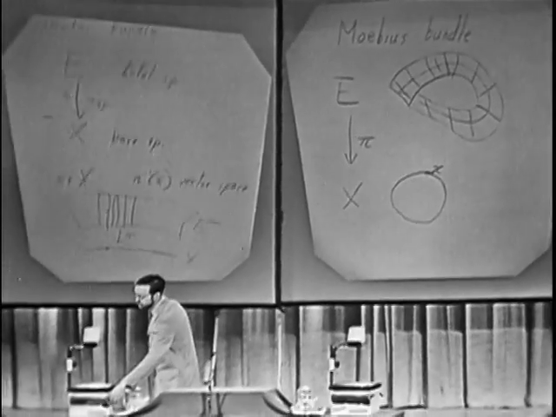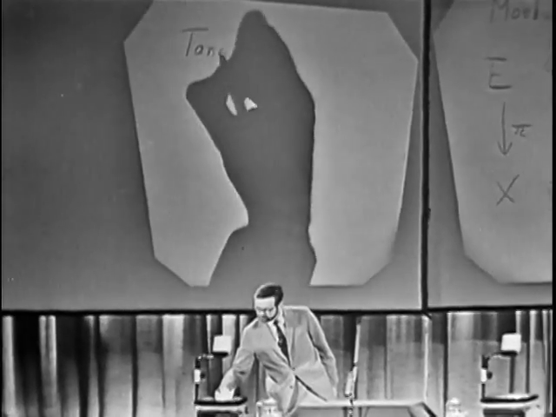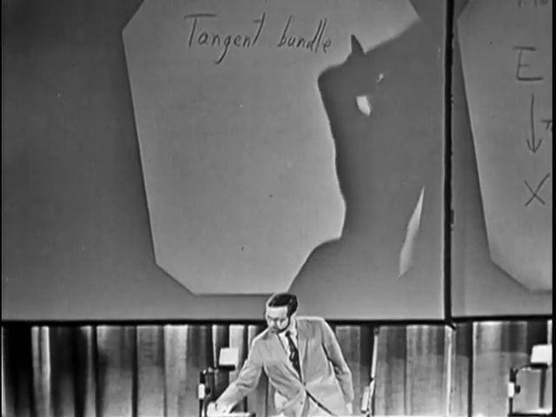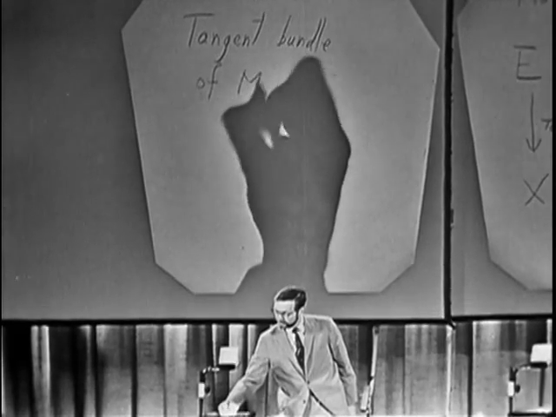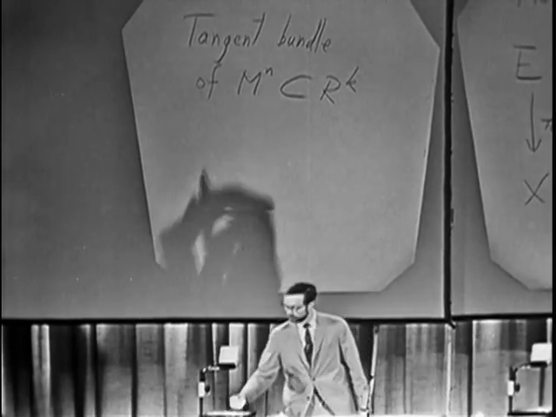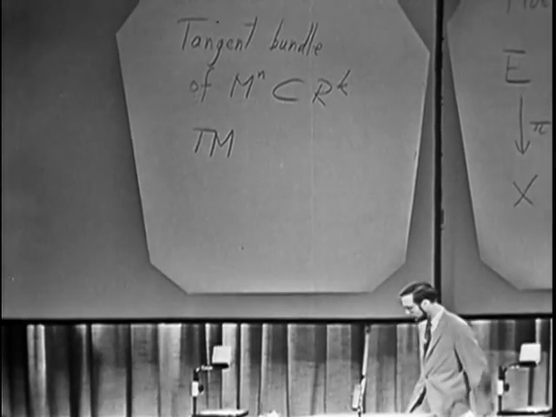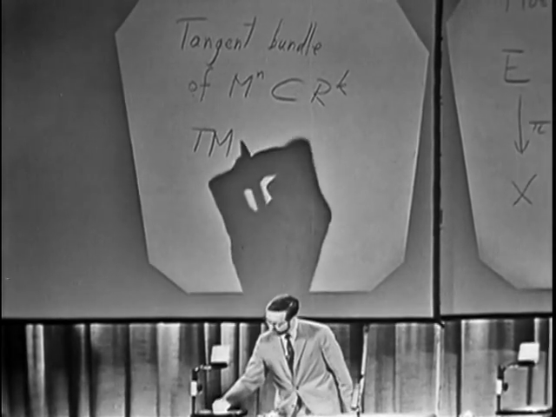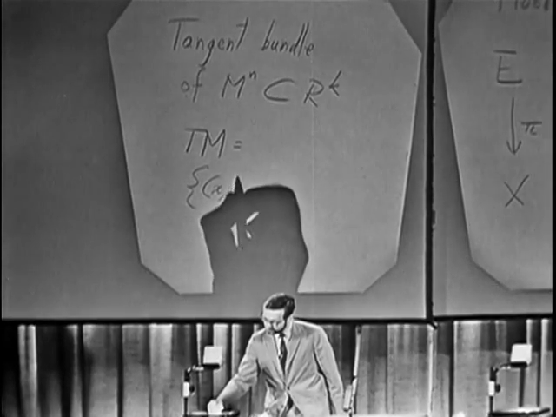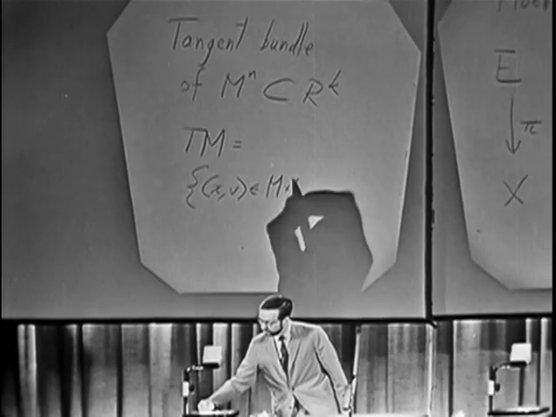Another example is the one which we studied last time, the tangent bundle of a smooth manifold M^n embedded in R^k. Here we define the total space. I'll call the total space of the tangent bundle T(M) the set of pairs (x, v), where x is a point of M and v is a point of R^k.